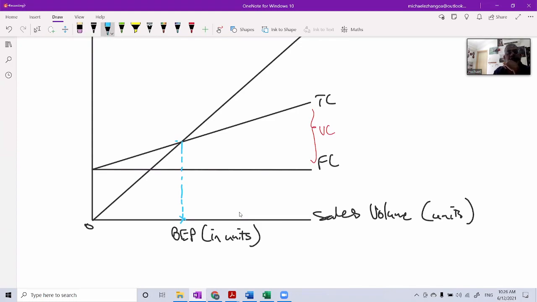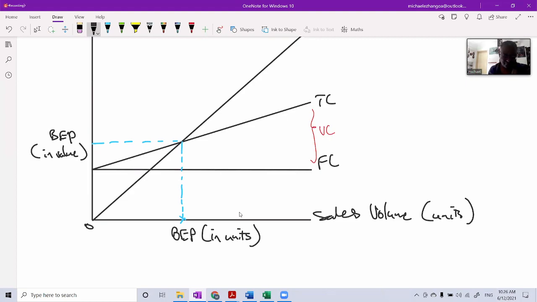Now, if you read the graph that way, you get the break-even point in value. Can you follow? All right.